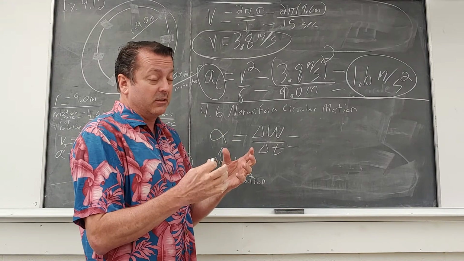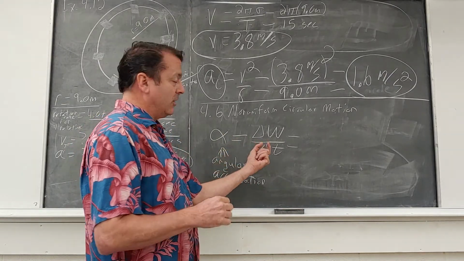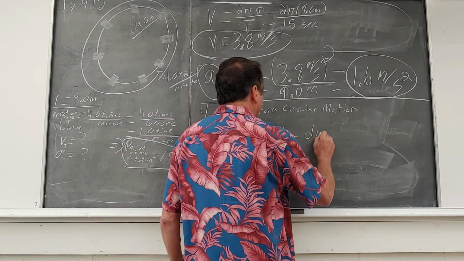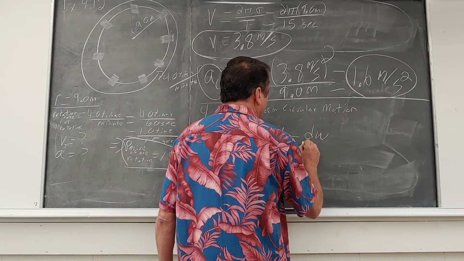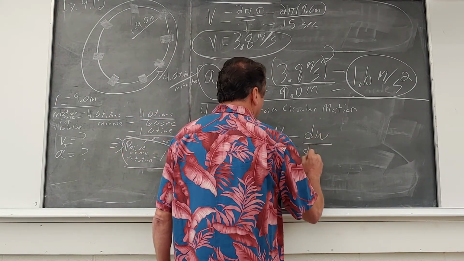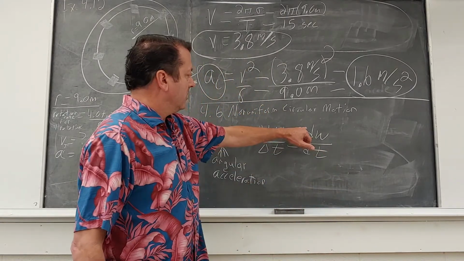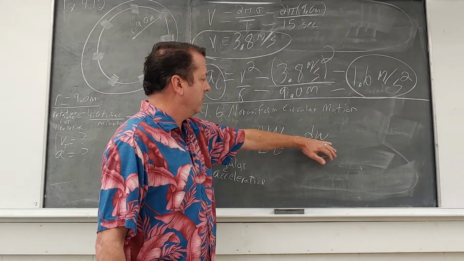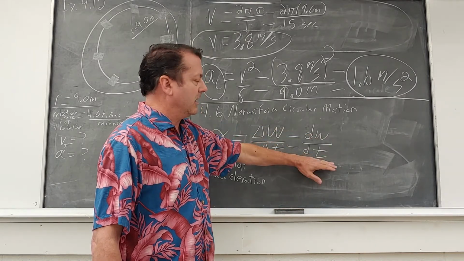In the limit, as that change approaches zero, we call it a differential, d omega over dt. This would then be angular acceleration as the derivative of the angular velocity as a function of time.